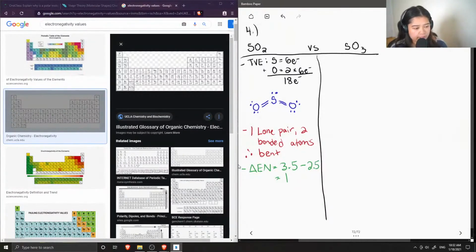And the reason why I calculated the electronegativity difference is because when we have a polar bond, then your electronegativity difference is greater than 0.4, but less than 1.69.